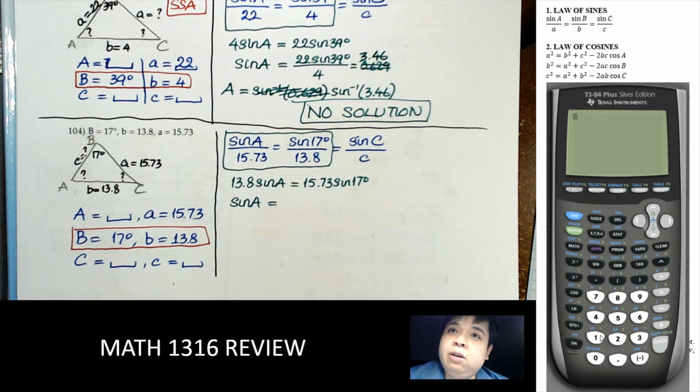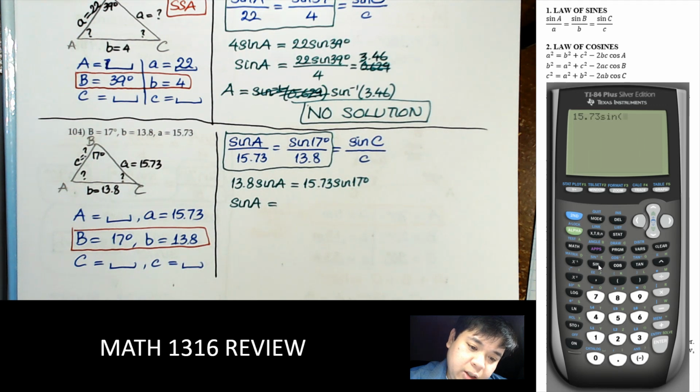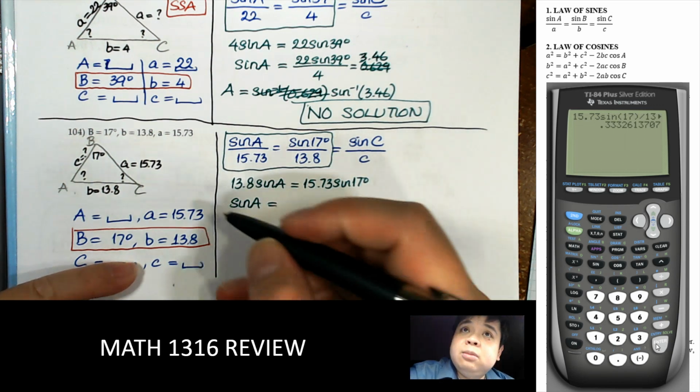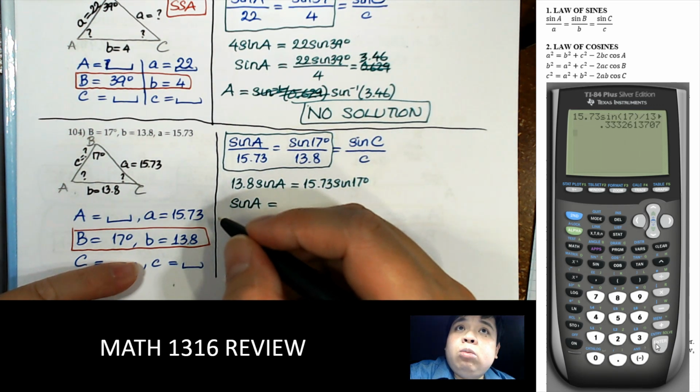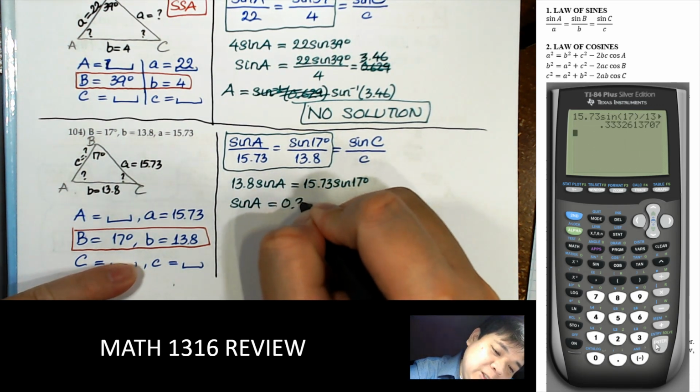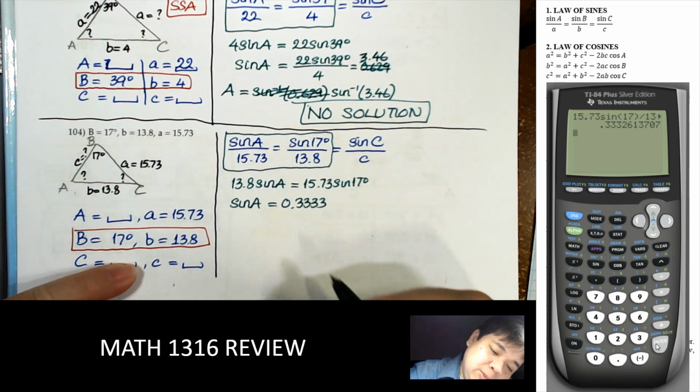Sorry, 15.73 times sine of 17 divided by 13.8. And we have 0.3333. Right.